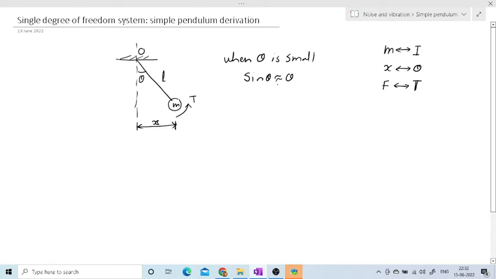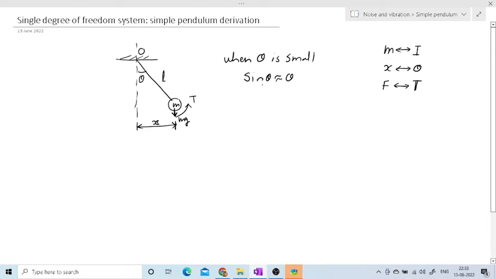From this expression we will get the relation between x and theta. Here you can see the mass has a weight acting downward, and this weight will be mg.